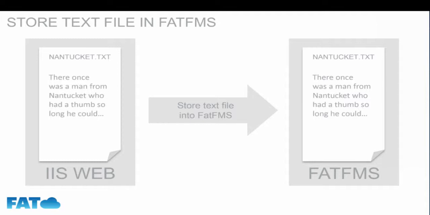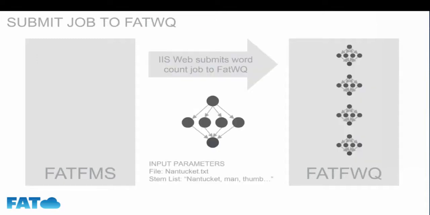So you see here from the IIS web, we will push the text file into FAT FMS. And that is going to be done by the ASP.NET web page that we have crafted. And as I said before, you can see all this code in the download. The next thing to do is to submit the word count job to FatWQ.